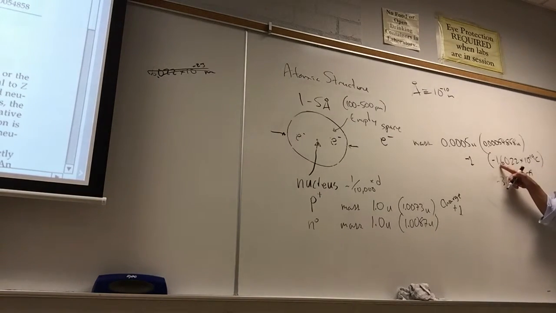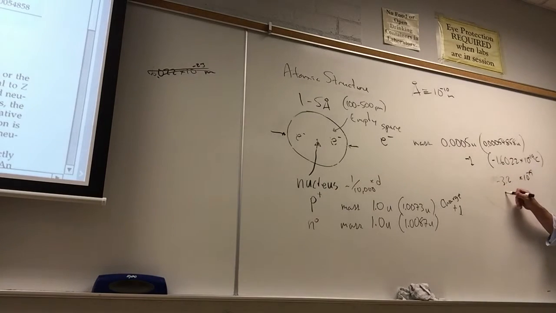So I'm allowed 1.6, I'm allowed 3.2, I'm allowed, what's the next one? 4.8. Next one, 6.4. But everything between these is forbidden for the electron.